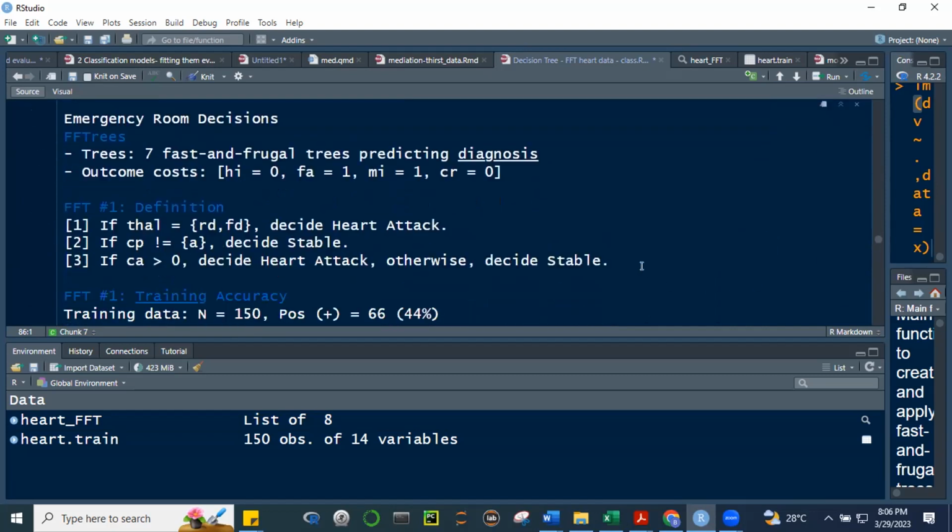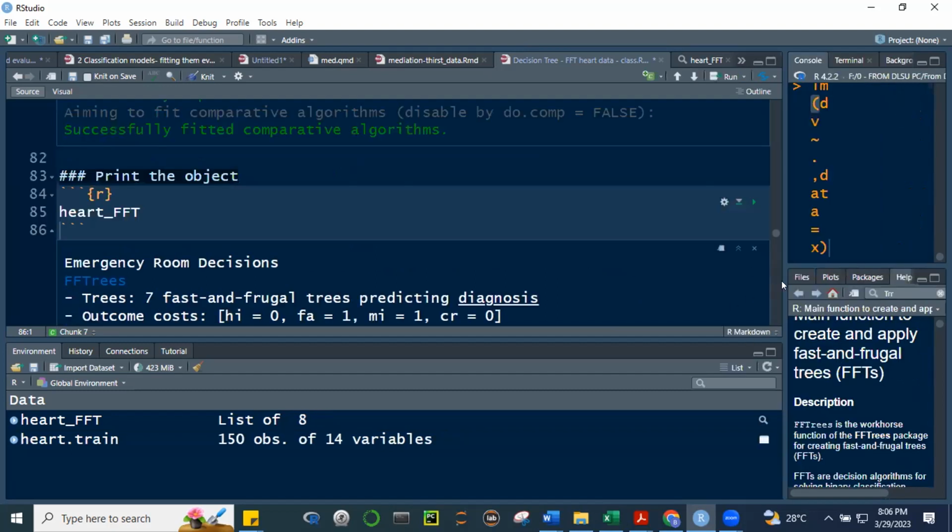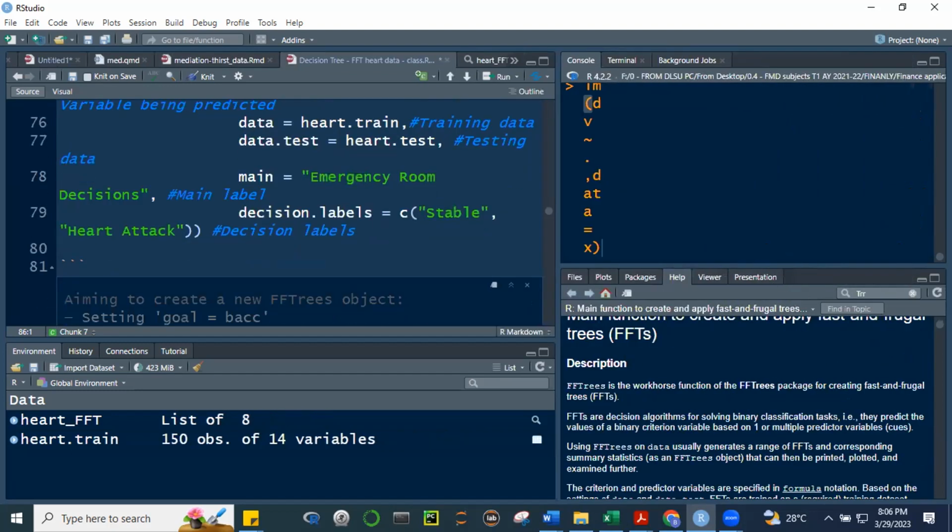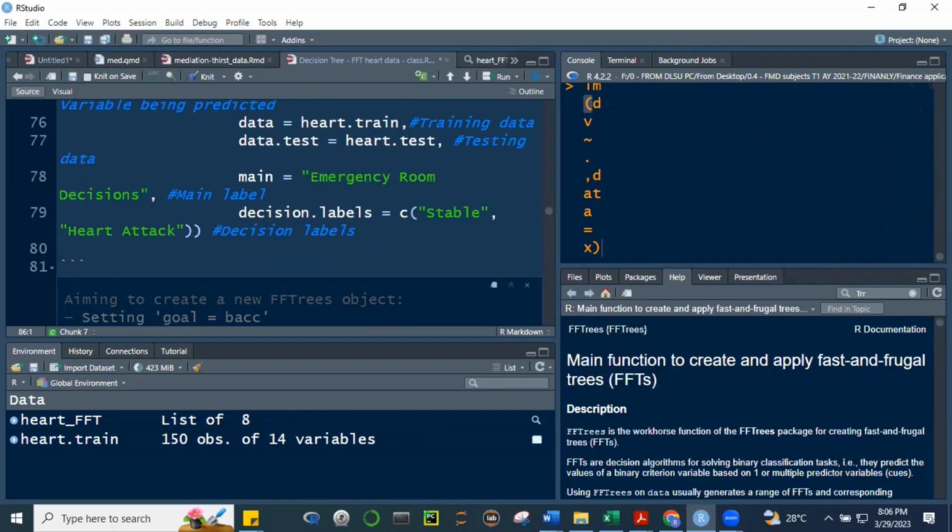This is its process. It started with this one. What is thal? It was defined earlier, but I forgot the thal.